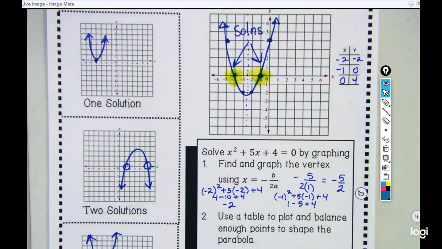If it crosses in a pretty spot, life is good. You can just look and you pick that number. But a lot of times it doesn't. So let's see here.